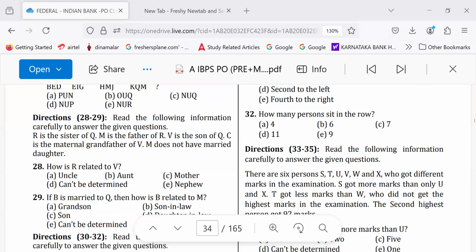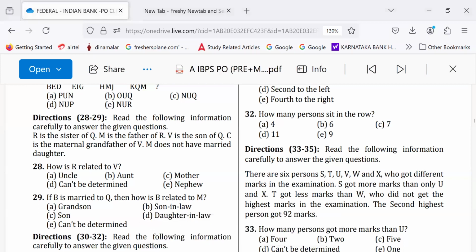What is the relationship of M? M is father of R, and also of Q. So that way it will come like this.